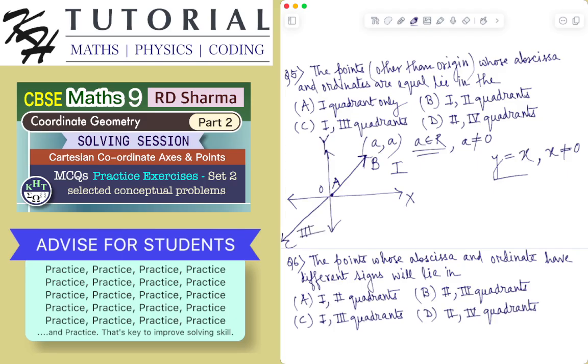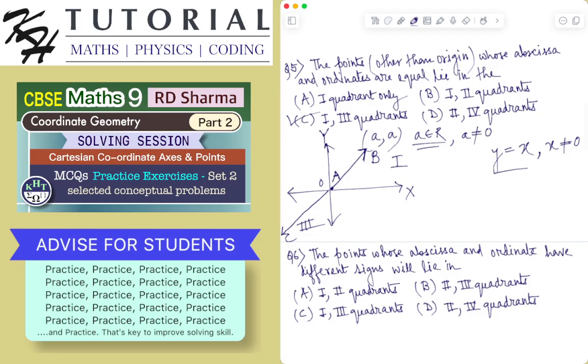So all the points other than the origin whose abscissa and ordinates are equal lie in the first and third quadrants. So choice C is the correct choice. Let's see the next problem.